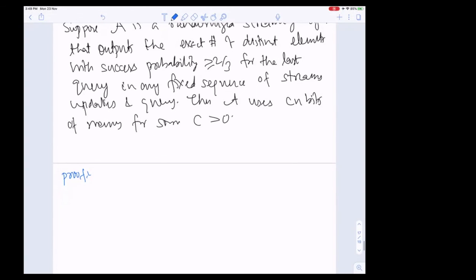First of all, I'm going to assume that the success probability is at least 1 minus 10 to the power minus 6, that is, the failure probability is at most 10 to the power minus 6. I will tell you how to get rid of this requirement at the end.